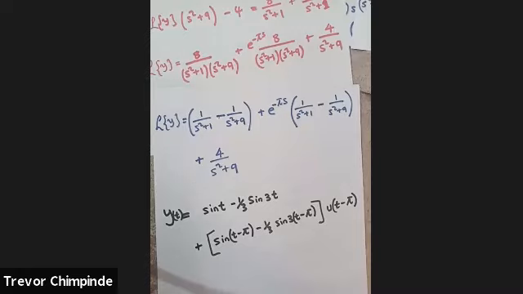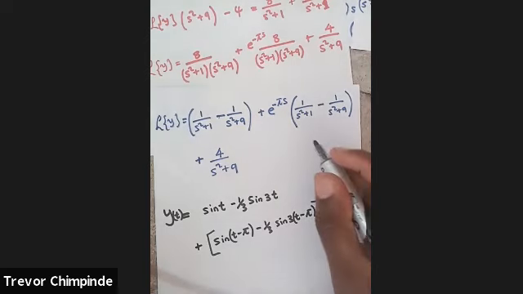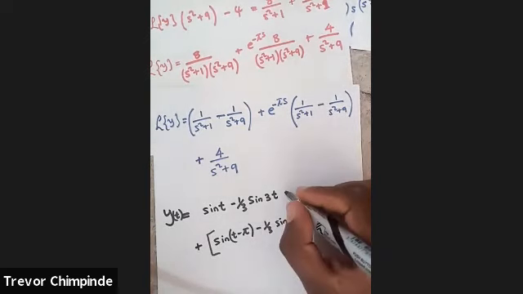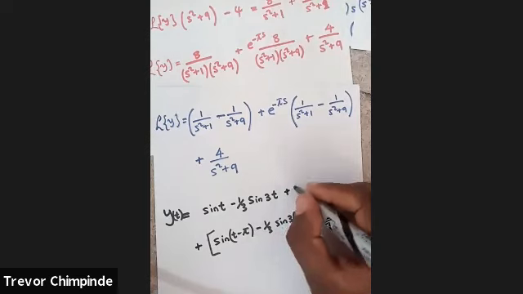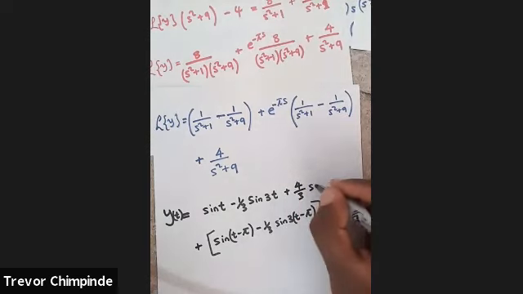Why are you getting 1 over 12? We're multiplying 4 by 3. It's supposed to be plus 4 over 3, then sine 3t.